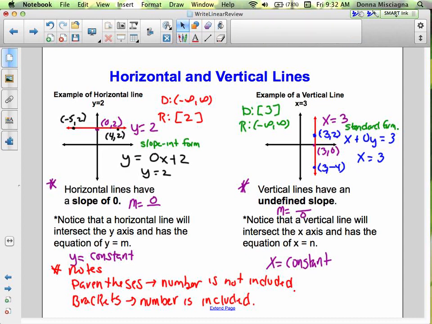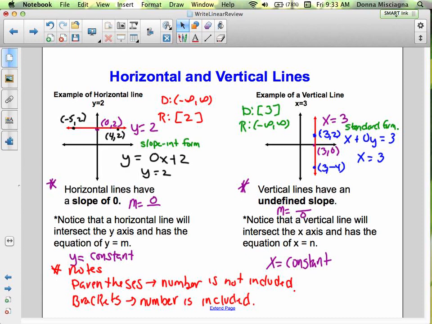So y can be anything along that line, but x is going to be 3 and only 3. So our domain is 3, but this time our range is -infinity to infinity. So vertical and horizontal lines have a restricted domain if you're a vertical line and a restricted range if you're a horizontal line, just because they only go through one number on the x-axis or one number on the y-axis.